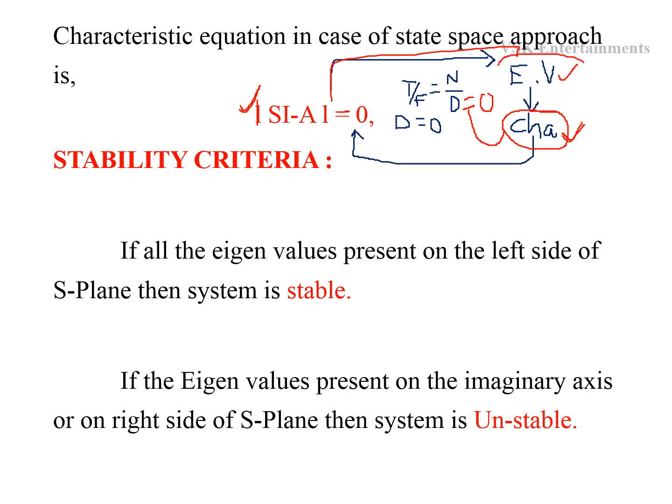Depending upon these eigenvalues, we are going to conclude whether the given system is stable or not. The stability criterion is as follows: if all the eigenvalues are present on the left side of the s-plane, then the system is concluded as a stable system. Otherwise, the system is unstable.